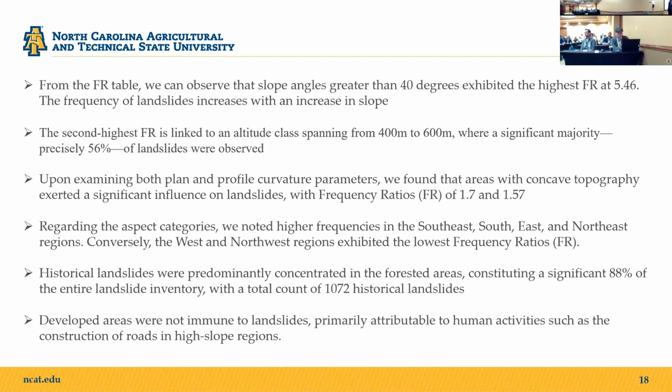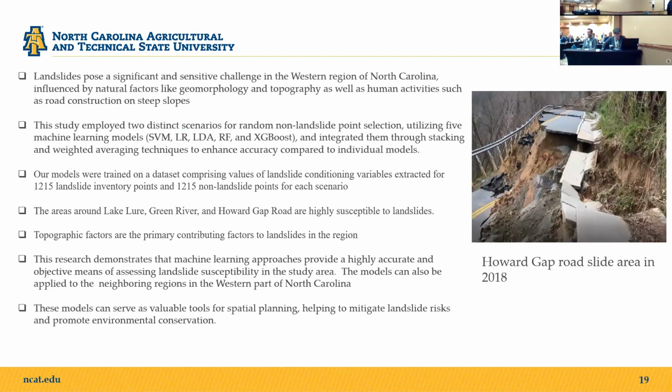Then the Lake Lure and the Green River regions, the vicinity around that area, were classified as very highly susceptible to landslide. The Howard Gap Road area too was classified as very susceptible to landslide. This is the landslide that happened in 2018 that devastated the Howard Gap Road.